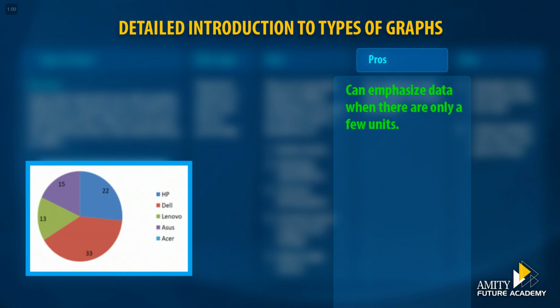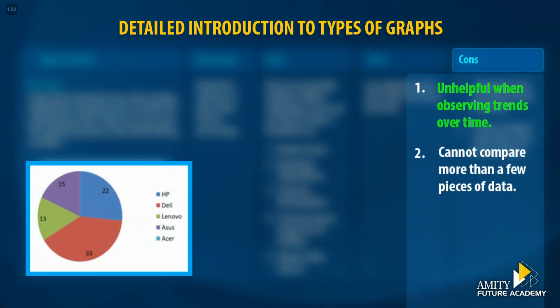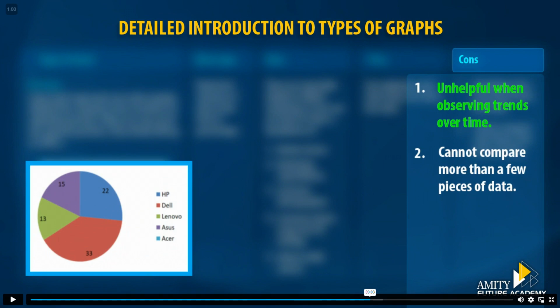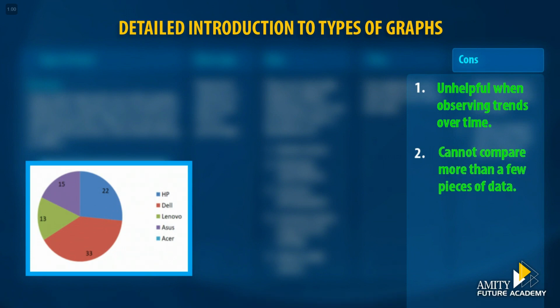So I have a single report with various categories. It only emphasizes that data, but it fails to give me any other kind of information apart from that. So it is unhelpful when observing trends over time. I cannot plot a pie diagram over time, and I cannot compare more than a few pieces of data.